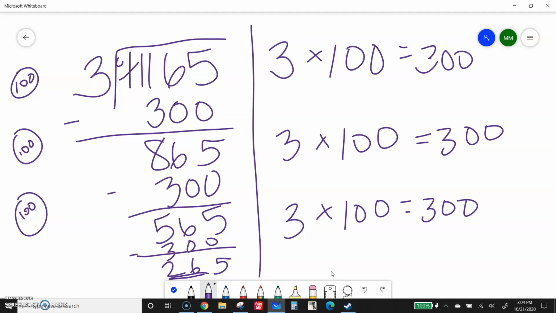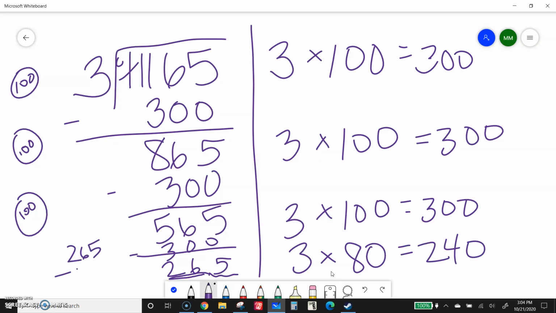Okay, 27 is too big, but 3 times 8 is 24, but I have this extra digit, so it's going to be 240. 265 minus 240 is 25. Again, now I can just do 3 times 8, which is 24. Subtract that, I get 1. So I have 1 left over.